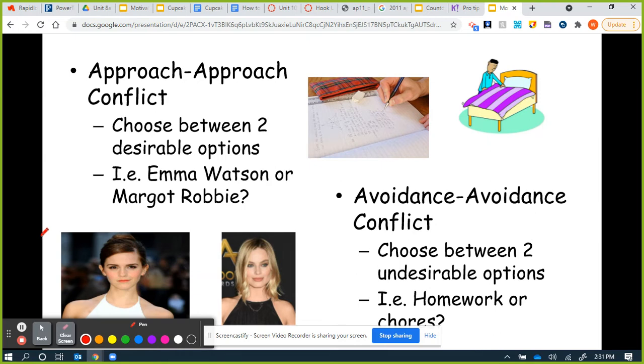Both options are appealing, so you would approach both of them, and you have to decide which one you would want to do. Avoidance is when you have a choice between two things you have to do, and neither of them are appealing. So you can either do your homework or you can do your chores, and you've got to decide which one.